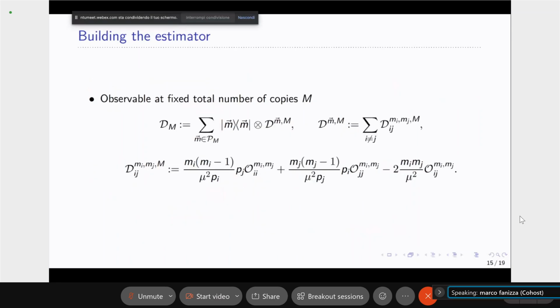Okay, so with this trick, we are able to find a good observable. Of course we have a different observable for each vector m, which depends explicitly on the vector of number of copies, but this is in fact an unbiased estimator in the Poissonian sampling model, and it is a good choice since it has a bounded variance in the way that I was telling before.